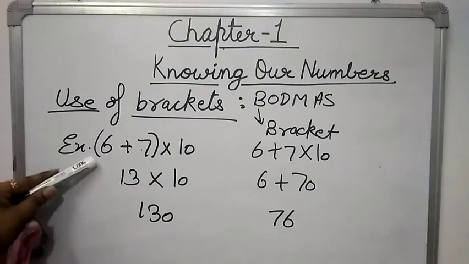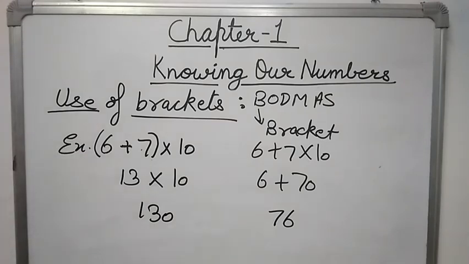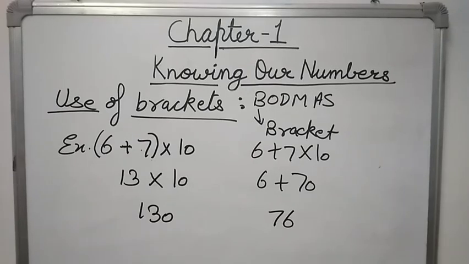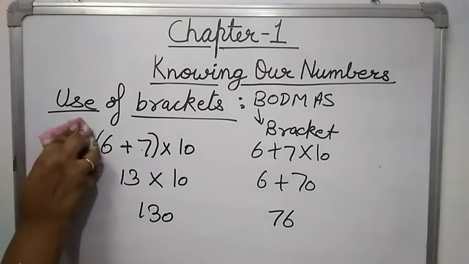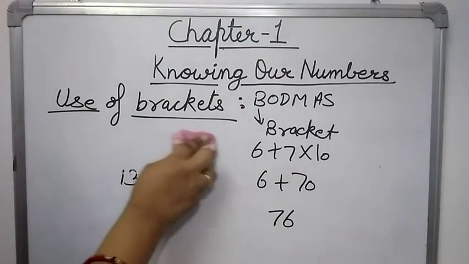So this is the use of bracket. It helps us in simplifying the calculation, plus it helps to identify which numbers are to be solved first. This bracket helps in calculating numbers systematically.